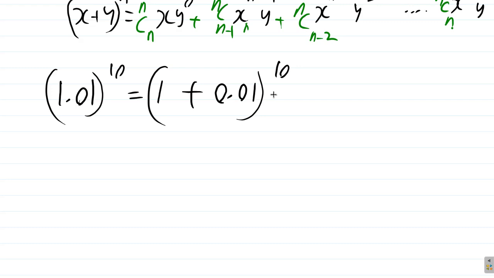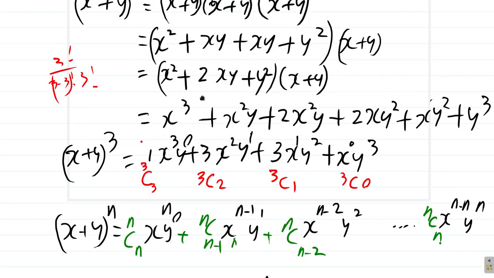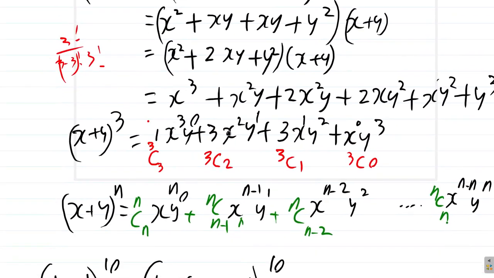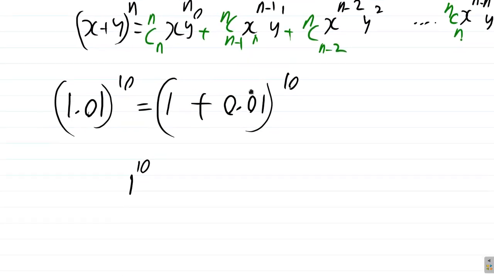Now, using the binomial theorem, let's look at the numbers first and the powers. It's 1 to the 10th, just like how we had x to the, and it starts at the top and goes down to 0.